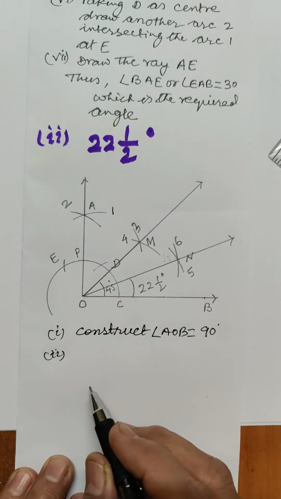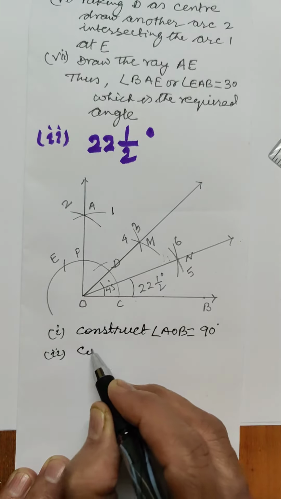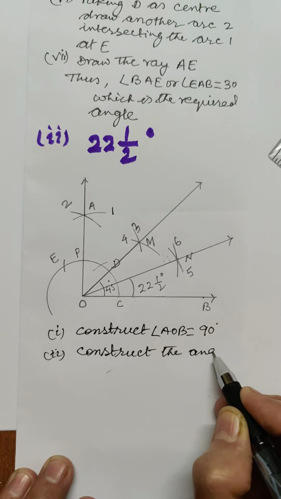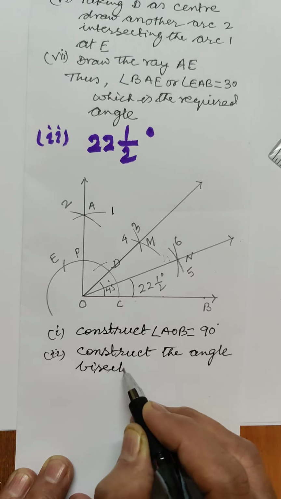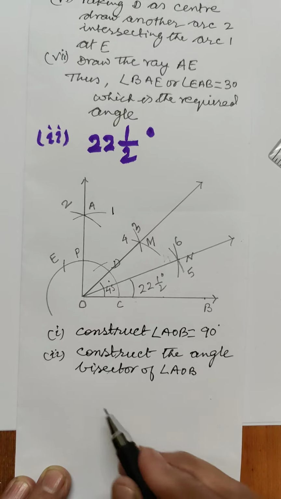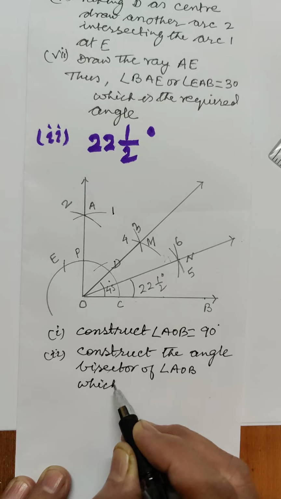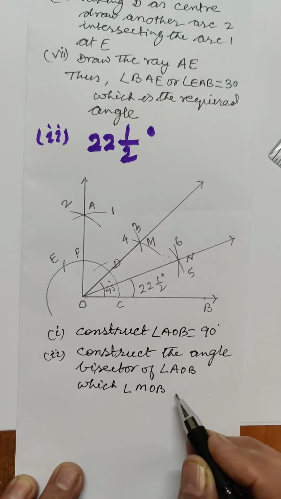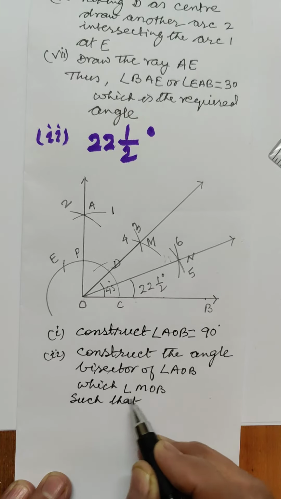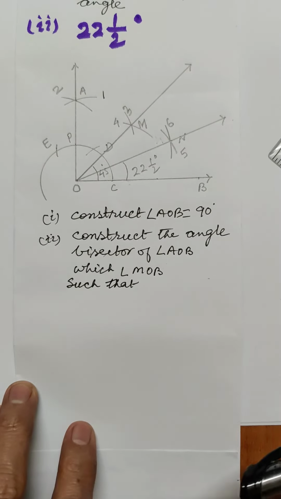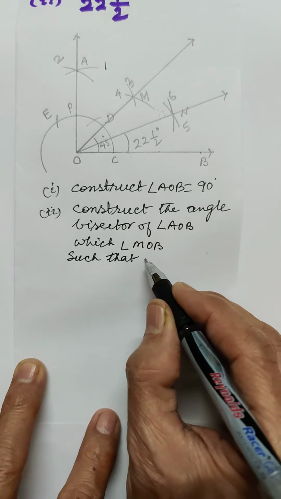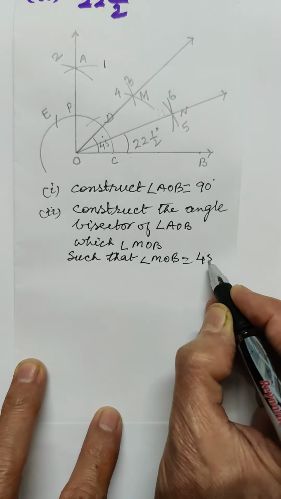And in the second part, construct the angle bisector of angle AOB, which is angle MOB, such that angle MOB is equal to 45 degree.